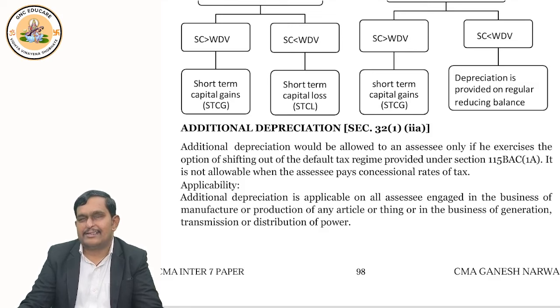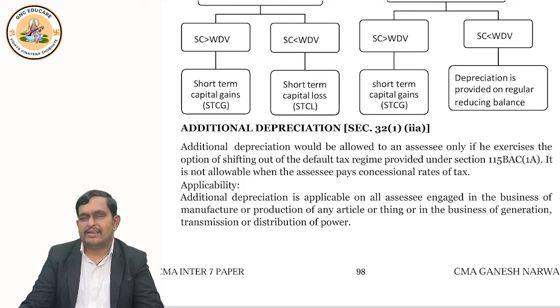But for claiming additional depreciation, what are the conditions? First condition I said. Second condition, the plant and machinery should be purchased on or after 1st April 2005. That means on or after 1st April 2005, if you have purchased new plant and machinery, then you can claim.